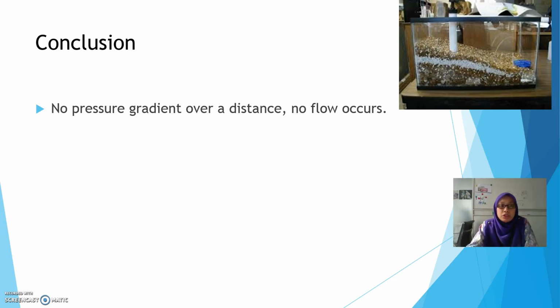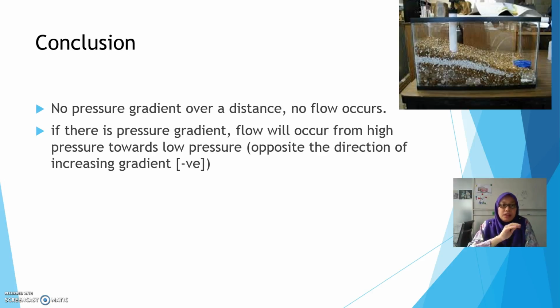In conclusion, if there is no pressure gradient over a distance, there will be no flow. This is the case of hydrostatic, meaning your water will not flow if it is at the same level. Thus, if we put a pressure gradient, we allow water to flow from high pressure, from the highest point to the lowest point.